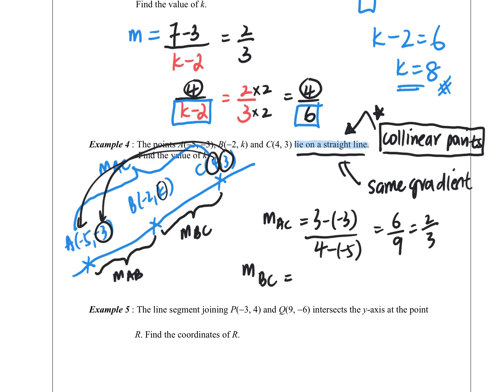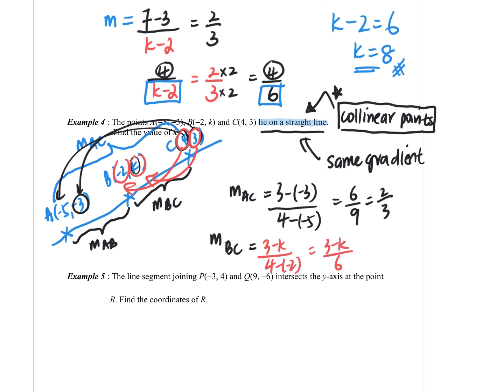So we can choose Y2 minus Y1 over X2 minus X1. So you get this. So these two must be equal. They lie on the same line, which means they must have the same gradient.